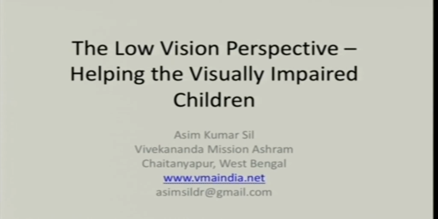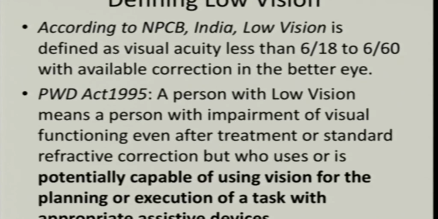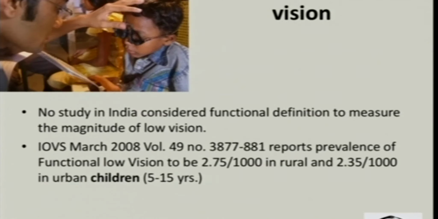I would like to share our experience. As per the definition, now there is no restriction. Earlier we were restricted to 6/18 to 6/60 by definition, but any child with any amount of residual vision is a candidate for low vision rehabilitation.